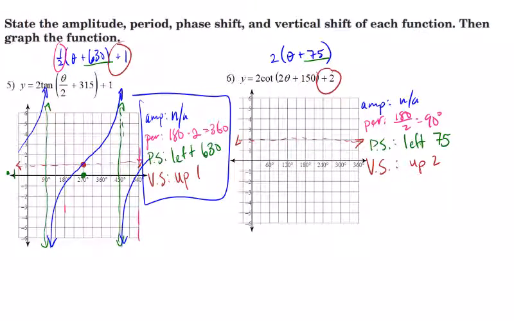If the period is 90 instead, it's going to shrink it, right, by half. So instead of happening at every 180, it's going to happen at every 90. So that would be right here, normally, except it's moving left 75. So normally it would be right here. I want to move it left 75, so that'll get it to be about right here, right?